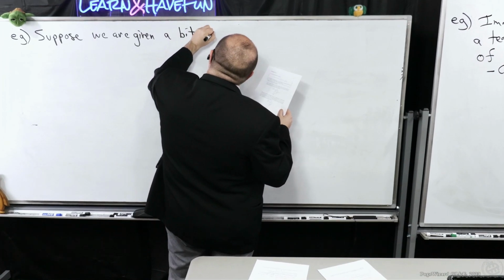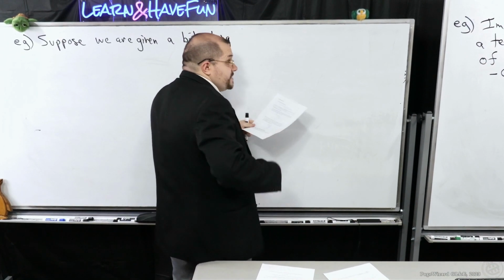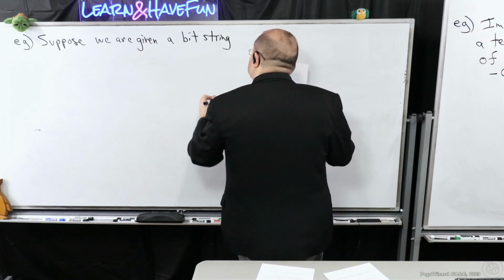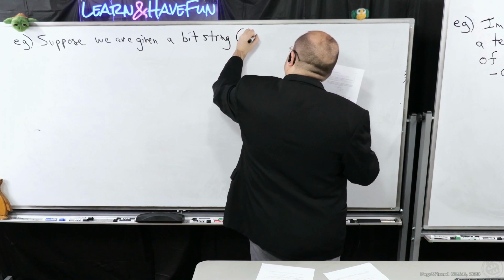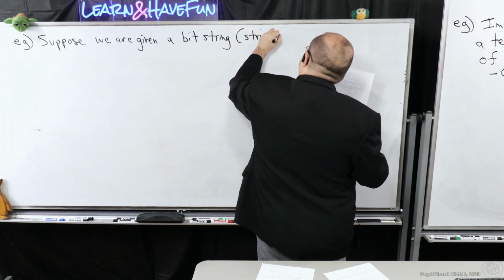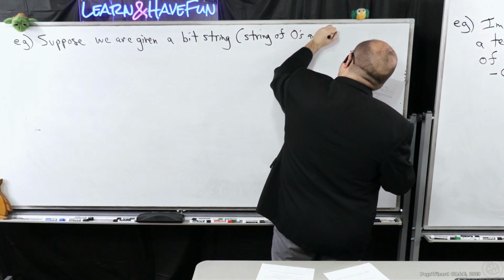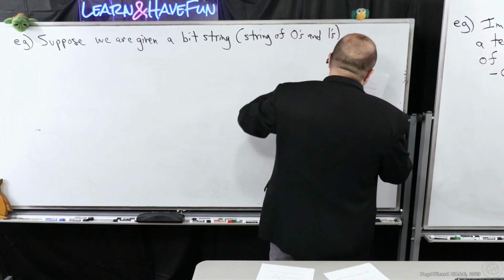A bit string, to be clear, consists of zeros and ones. It's written in binary.